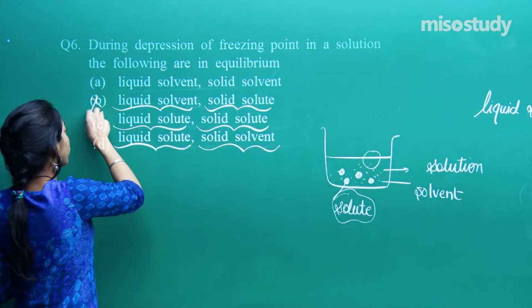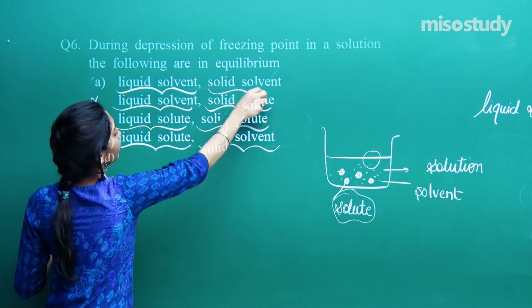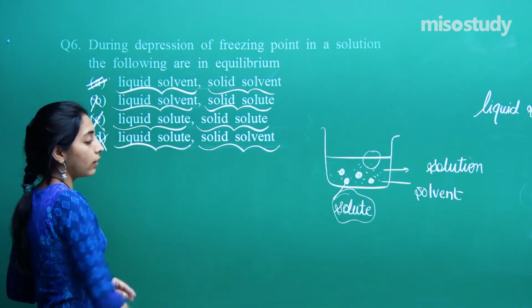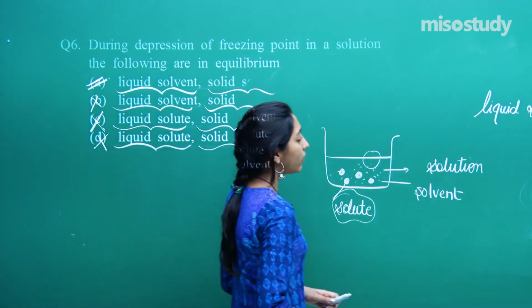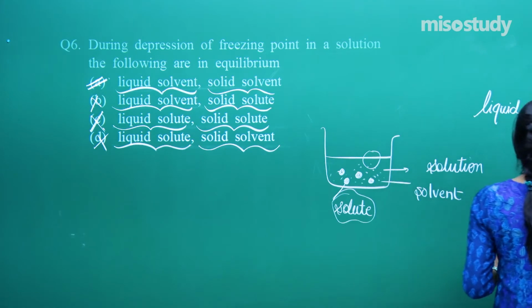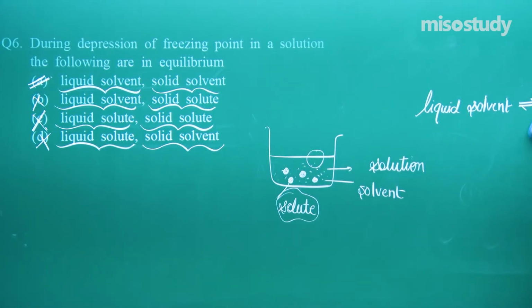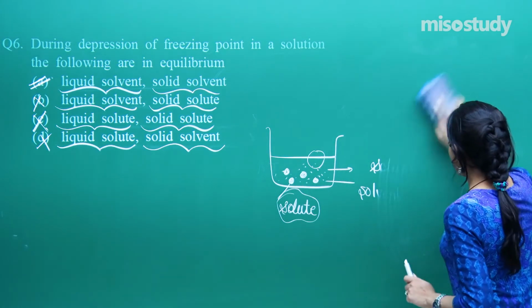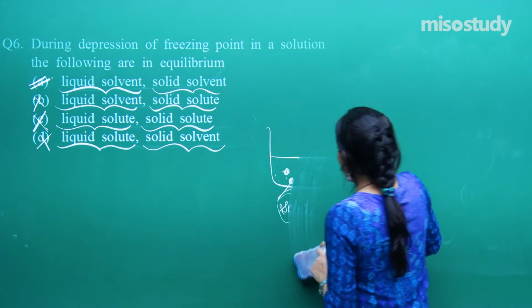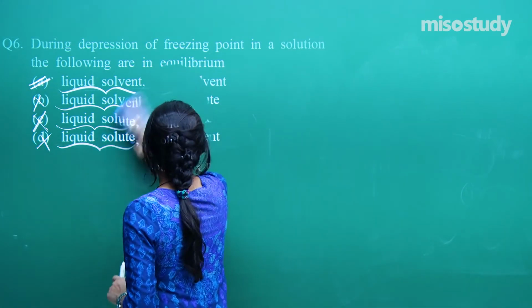Wherever you see solute, it's not the answer. Liquid solvent, solid solvent, correct answer. So this is how option A is the correct answer for this question. So this was our question number 6. Now we need to move on to the next question, which is question number 7.